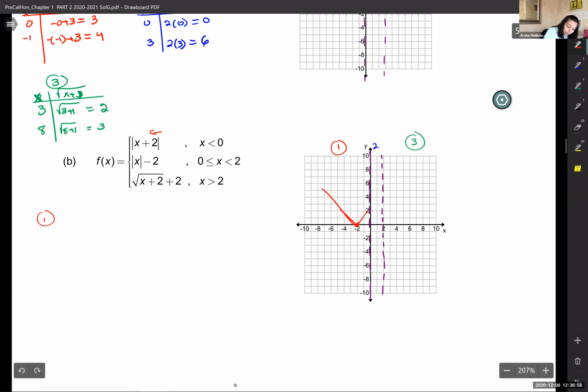So we have to be mindful of that. Again, you have to plug in the endpoint. So when x is 0, y is 2. And it's an open circle here, right? And then this one too, it goes up with a slope of 1.